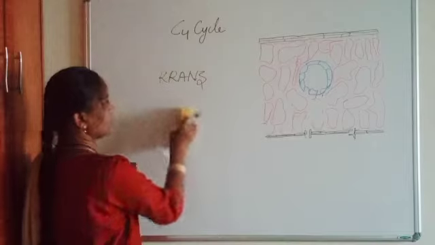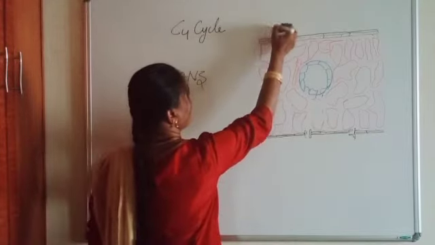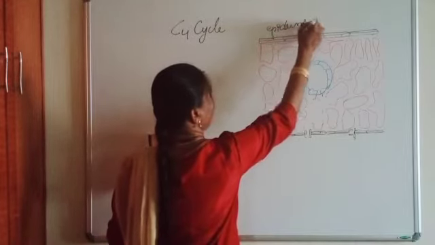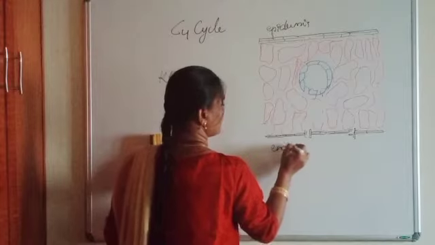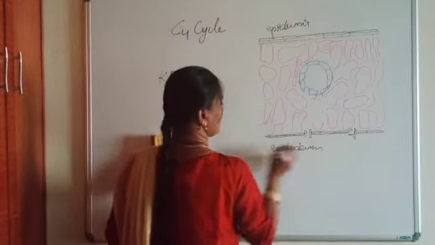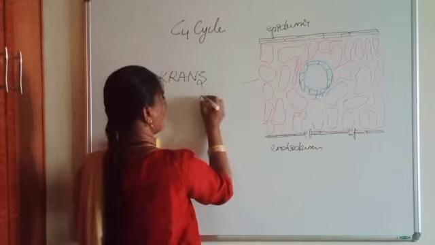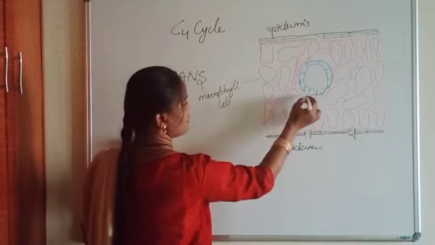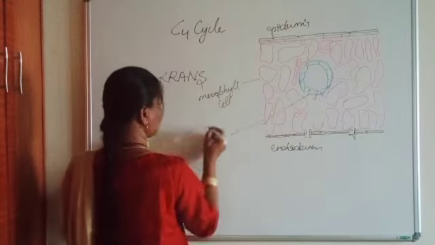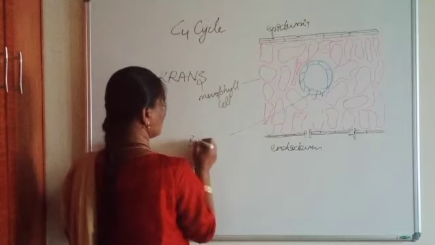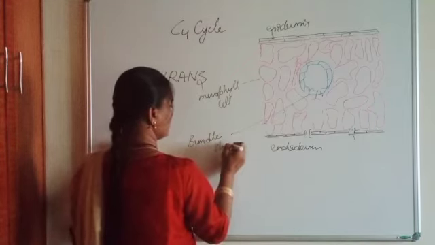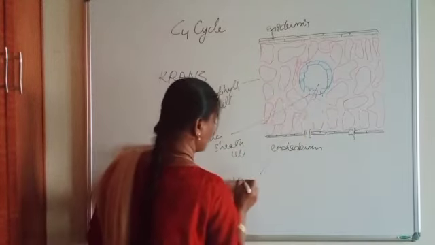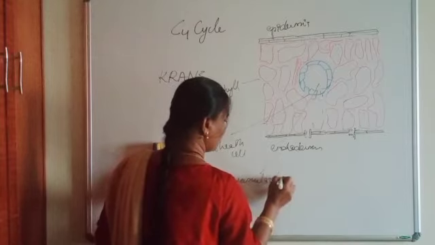So what is this Kranz anatomy? This is your epidermis, and this is your endodermis. These red color cells are mesophyll cells, and these blue color cells are bundle sheath cells, which surround the vascular bundle.